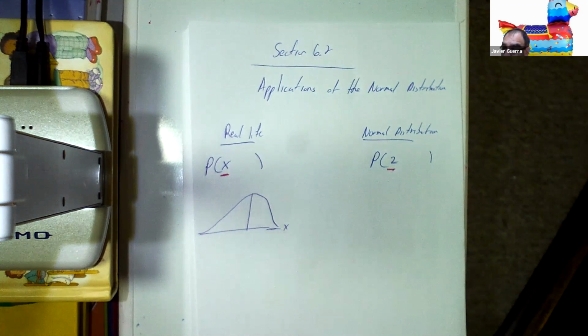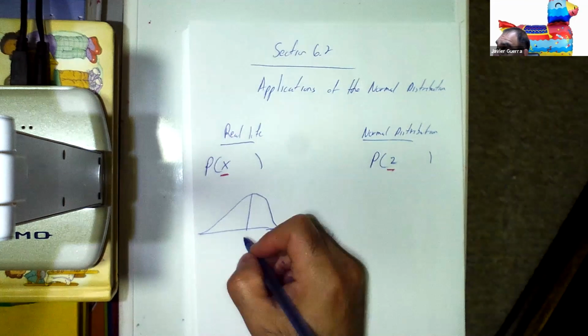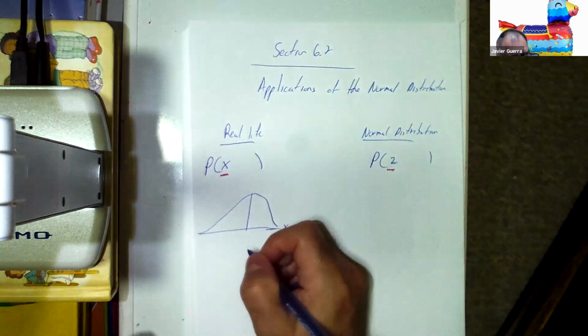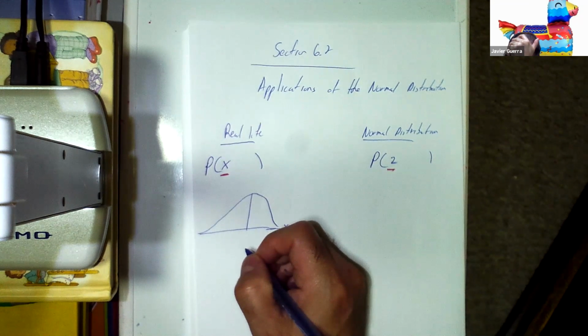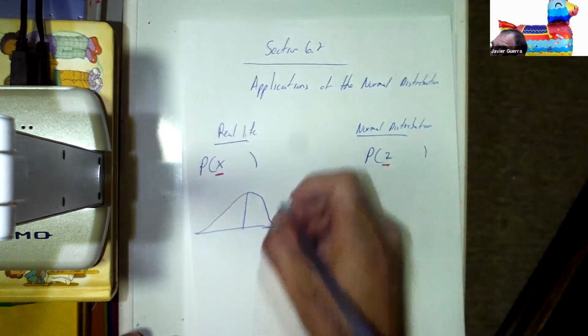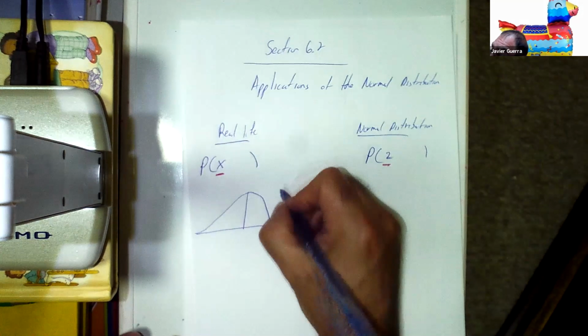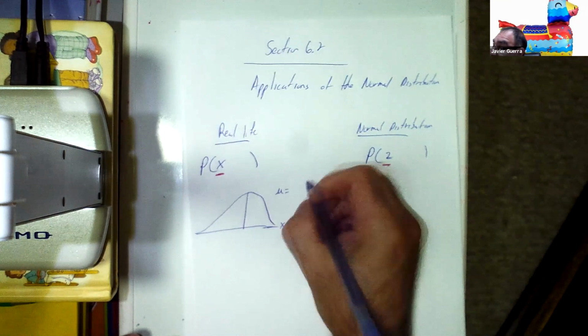Typically, the mean body temperature is 98.6, 98.7, I think, 98 point something like that. It's going to have its own mean and its own standard deviation.